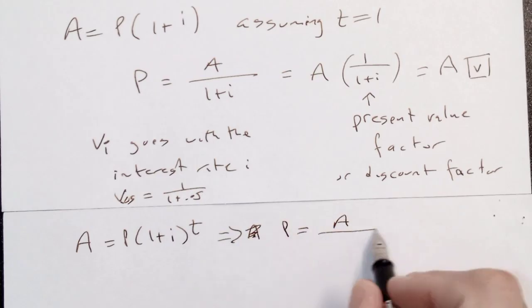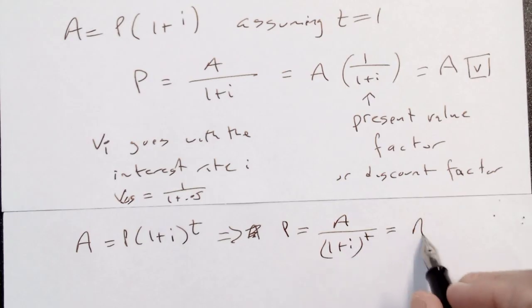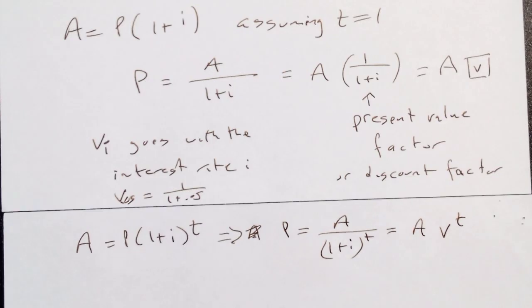P is A over 1 plus i to the t. So that's A v to the t. Those look almost exactly the same, don't they? It's which side what's on, and that's the reciprocal behavior between 1 plus i and v.